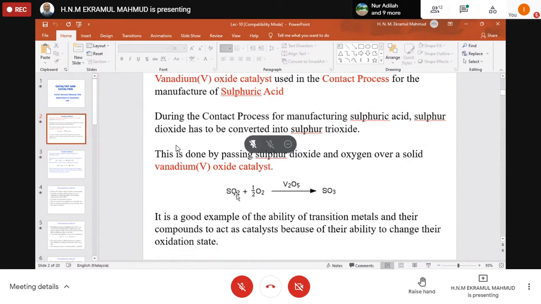Using vanadium pentoxide, we are getting sulfur trioxide. It is a good example of the ability of transition metals and their compounds to act as catalysts because of their ability to change the oxidation states.